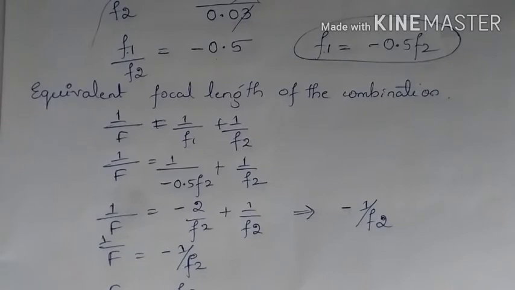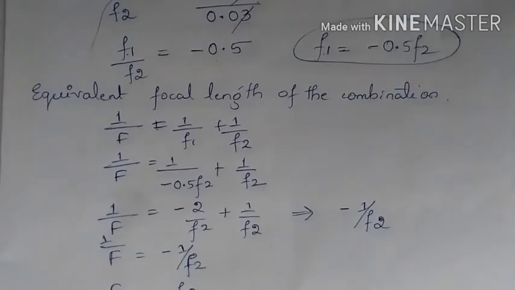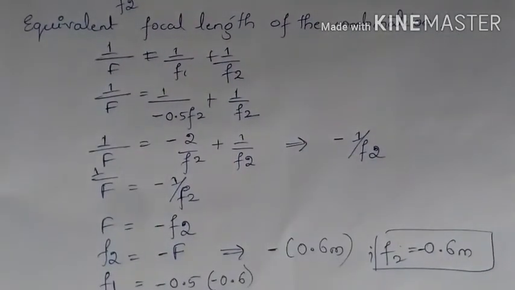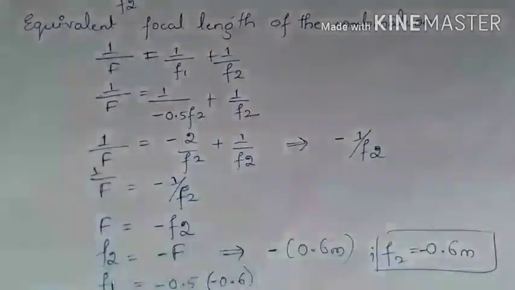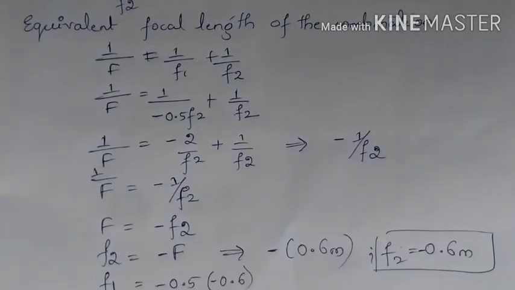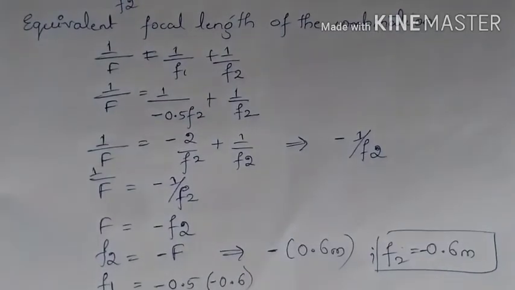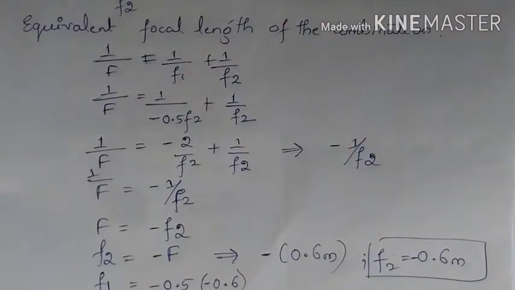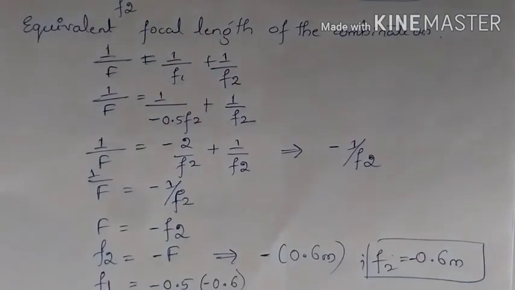What we were trying to solve was the answer for F1 and F2. We didn't know the value of F1 and F2, so with this formula we found F1 and F2. F1 is the focal length for the first glass, that is crown glass, and F2 is the focal length for the second glass, that is flint glass.